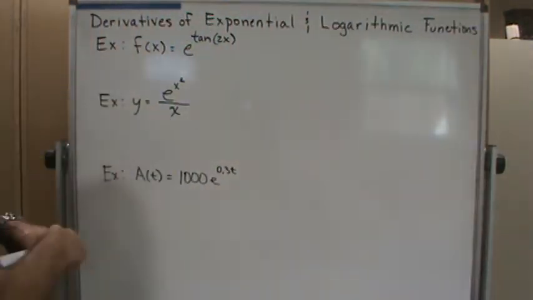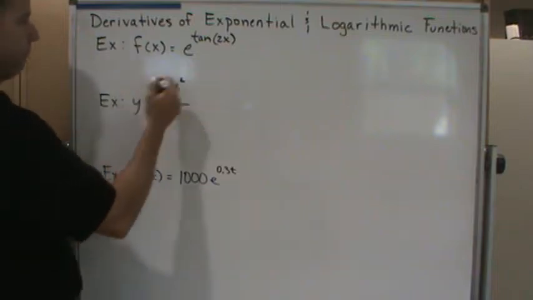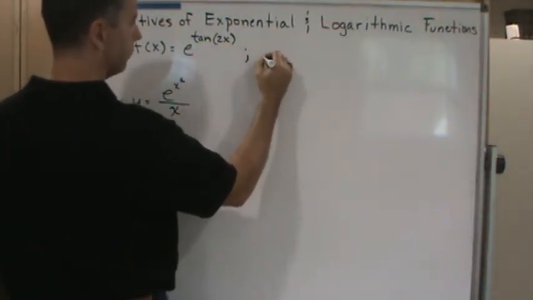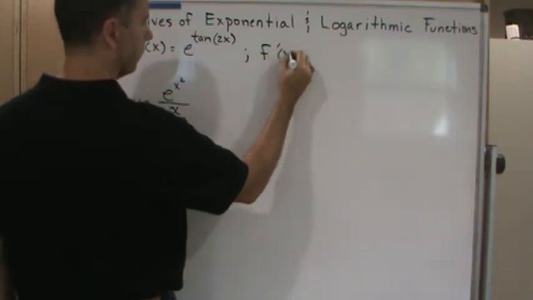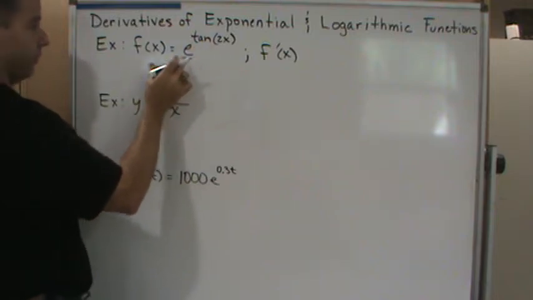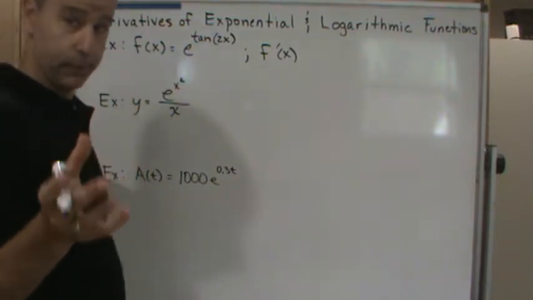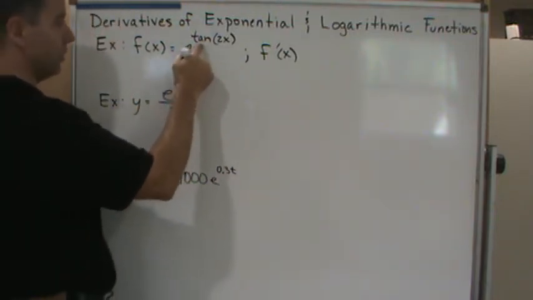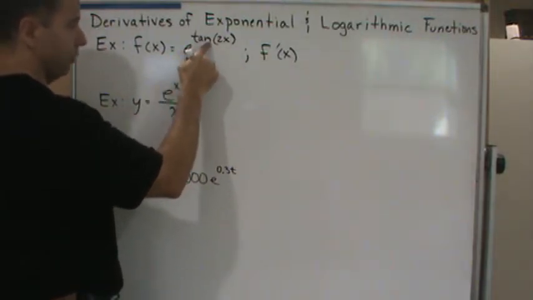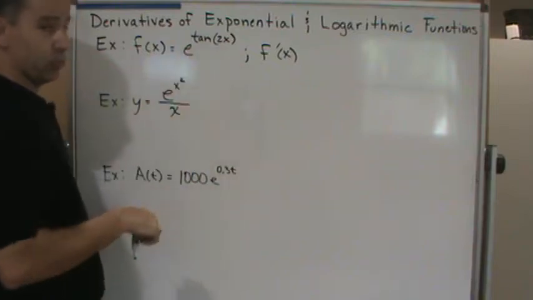So the first one, we want to find f prime of x. It's an exponential, so all we're going to do is repeat. If it's e to the u, then we multiply by the derivative of u.